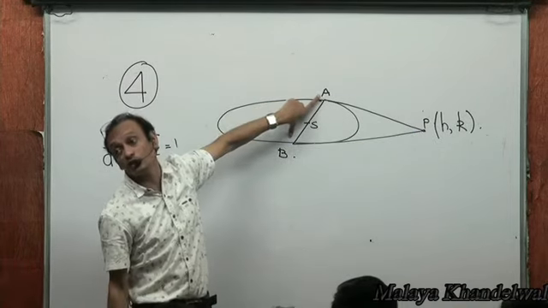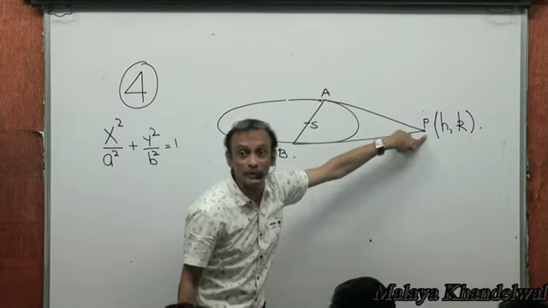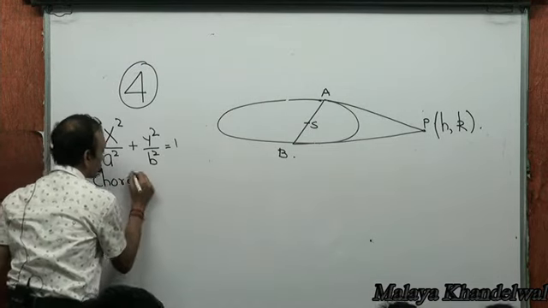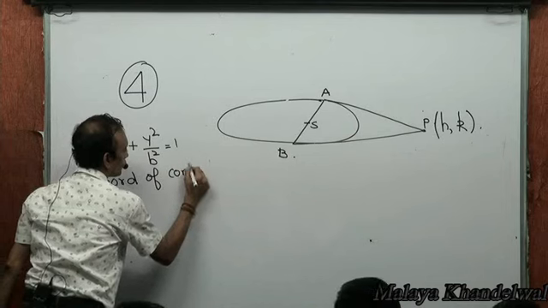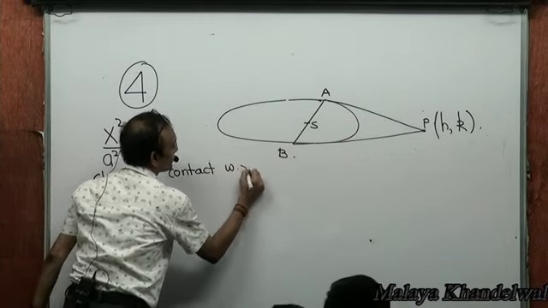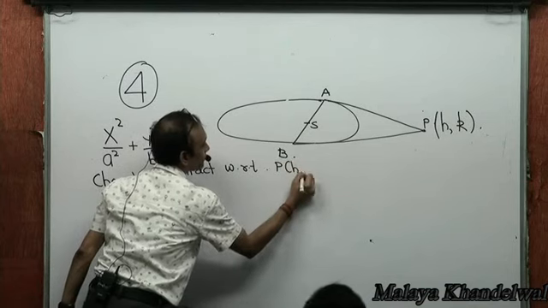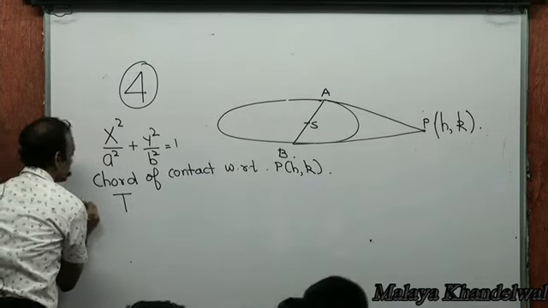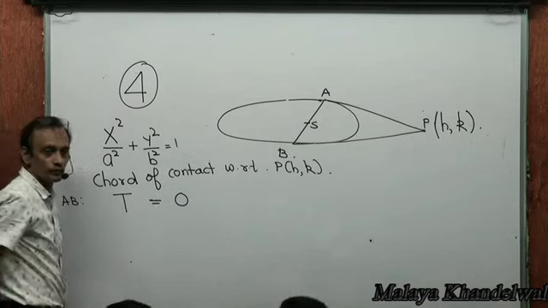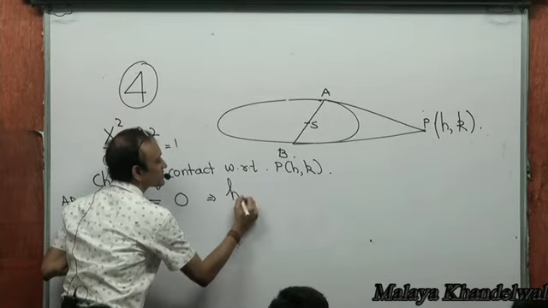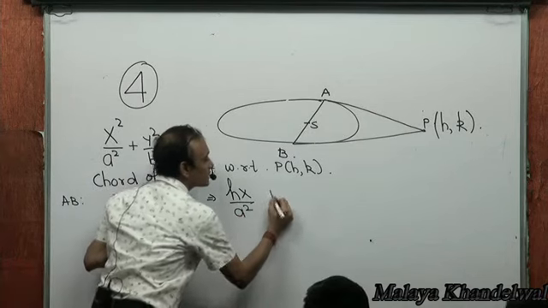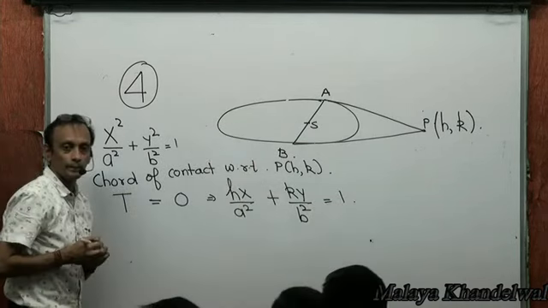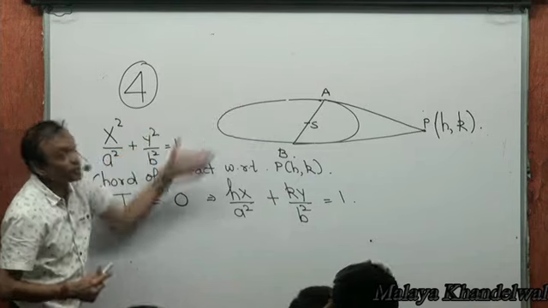So the equation of the chord of contact with respect to P is going to be T equal to 0, which is hx by a squared plus ky by b squared equal to 1. Yes or no? So that's the equation of the focal chord AB.